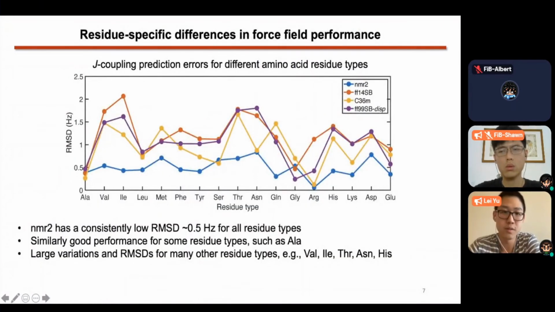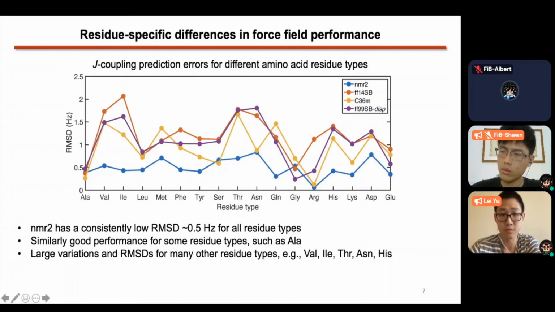Finally, we group those residues by their residue types, and we can produce residue-specific prediction errors for each force field and generate those profiles. The blue is the NMR2 force field. It gives you a relatively consistent, low RMSD around 0.5 Hertz across all residue types.